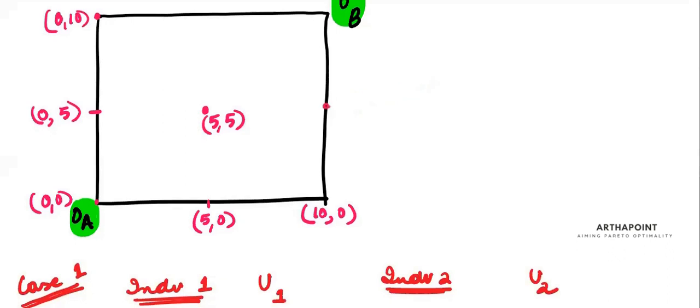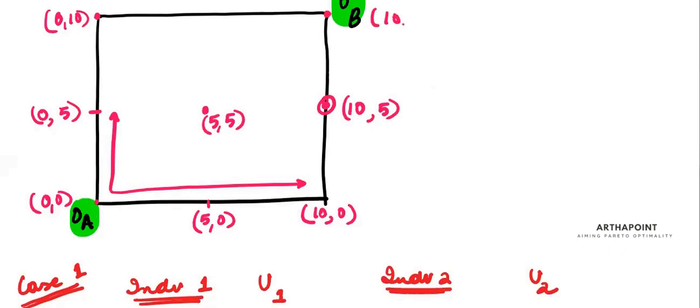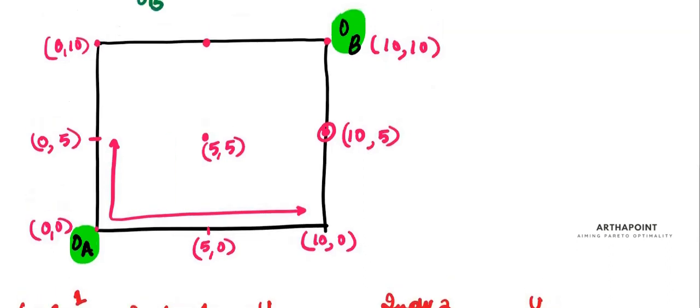Consider this point. This point means that I have 10 units of good 1 and 5 units of good 2. That is what this point represents. So this will be 10, 5. This will be 10, 10. This would be, let's say, 5 units of good 1 and all units of good 2. It's like this. 5 units of good 1 and all units of good 2.